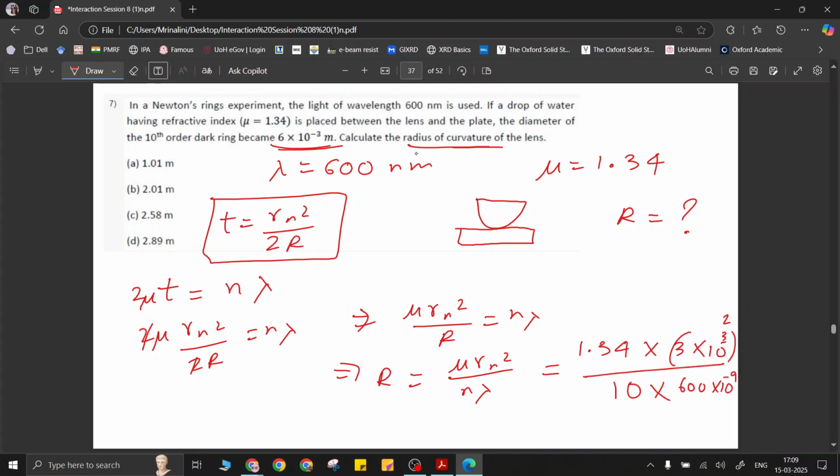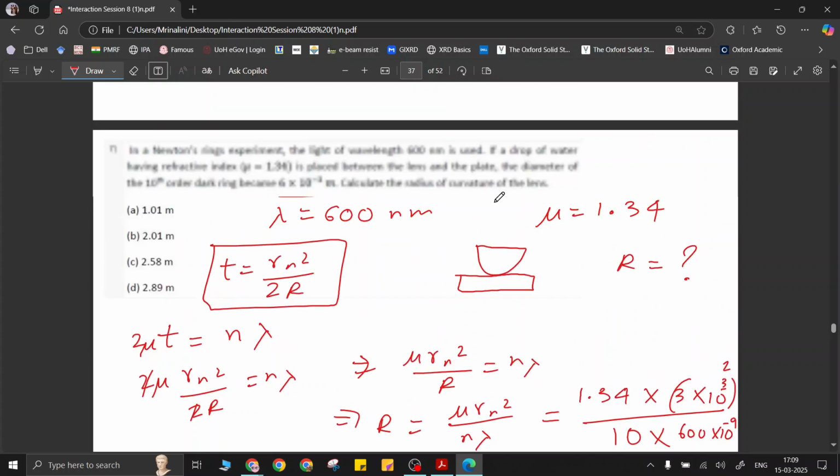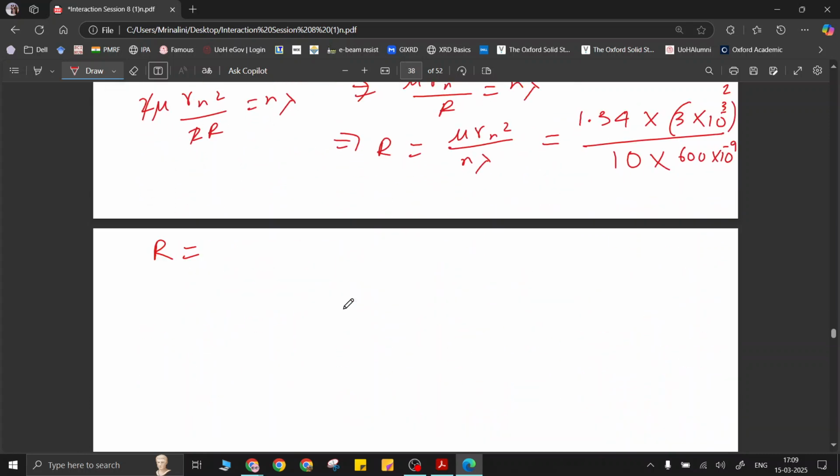This is also in meters, so this is also correct. Now when we calculate this radius of curvature, we'll get 1.34 times 9 divided by 6.